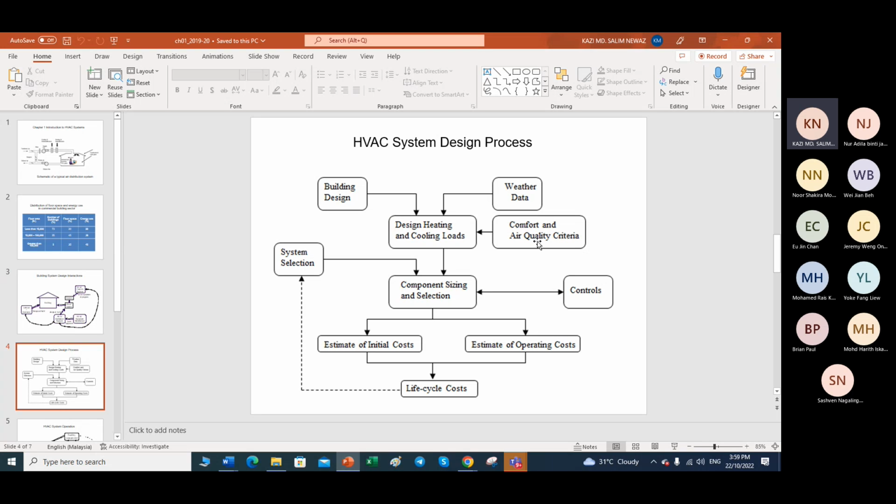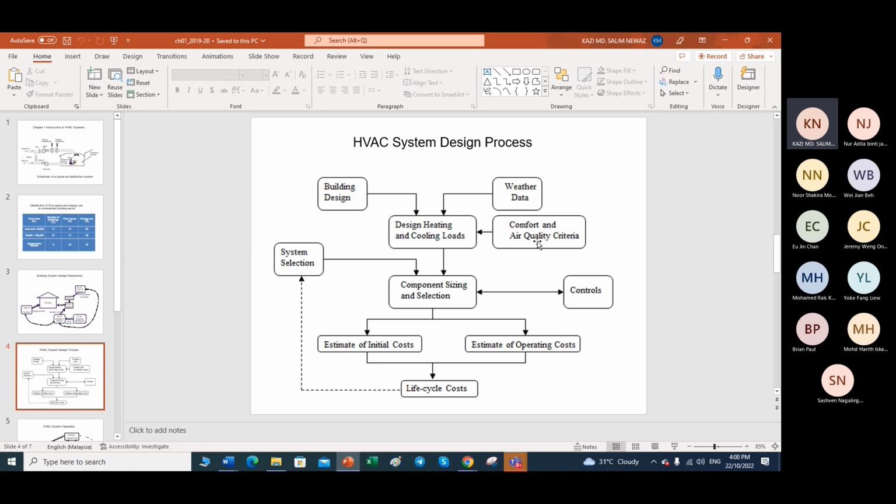These are all physical data, because people get the feelings and then say they are feeling comfortable. That is the load being considered. People's dress and all these things contribute equally. That is why the comfort and air quality criteria directly govern the design heating and cooling load.